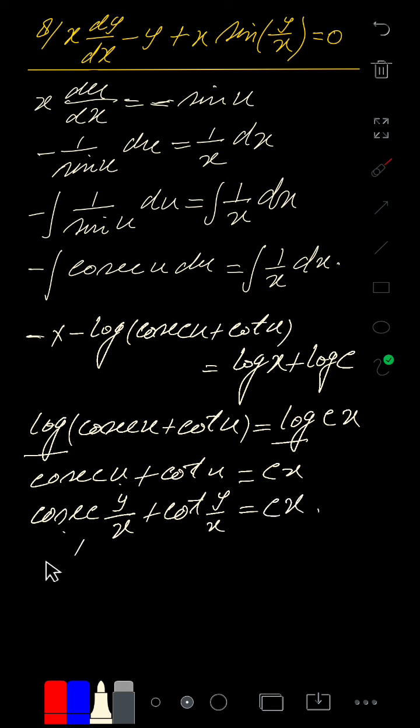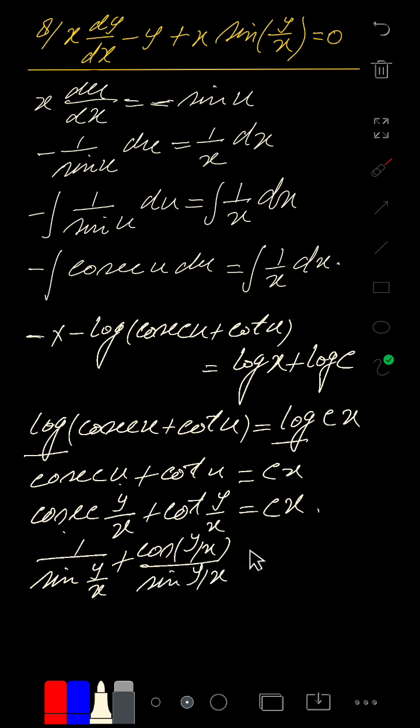Cosec may be written as 1 over sine, so 1 upon sine y upon x plus cot may be written as cos upon sine, so cos y upon x upon sine y upon x is equal to cx.